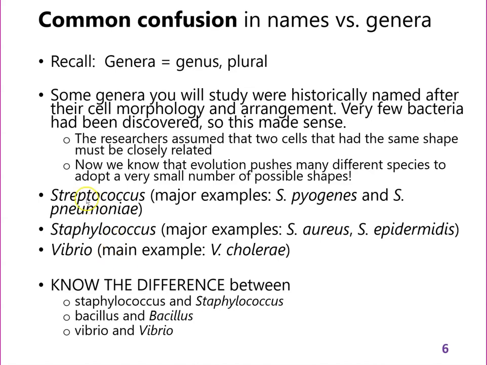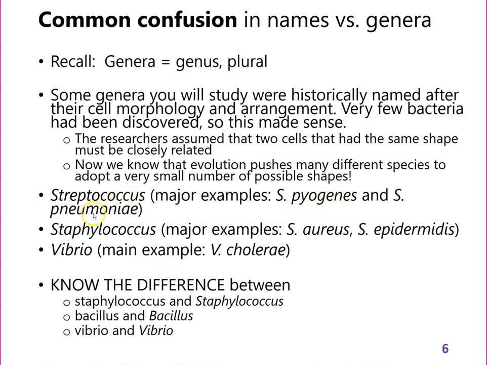You'll notice when I wrote these genera, that is the plural form of genus, I put them in italics and capitalized the genus. And then later when I wrote the species name, I abbreviate the genus and I write the species name not capitalized.